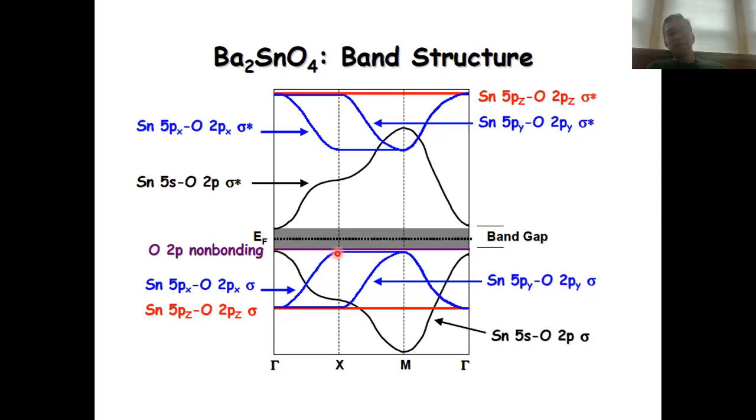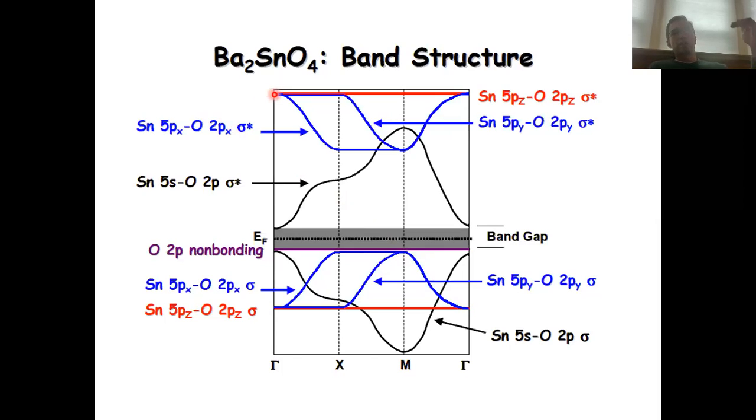So now as we go from chi to m, we remain non-bonding. So in this region, our band remains entirely flat. And as we go from m back to lambda, we go back from non-bonding to bonding. So for the band that has primarily tin px character, we first have a completely interbonding situation.